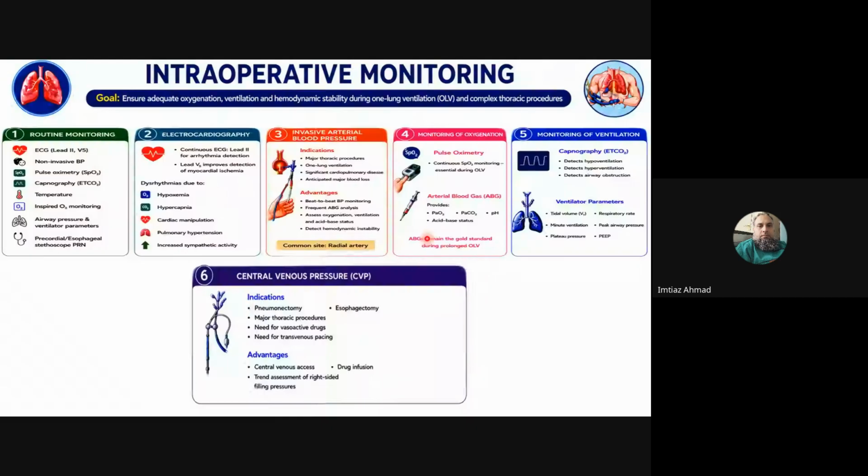Similarly, pulse oximeter and arterial blood gases should be monitored because there are chances of hypoxemia in this case because the right lobectomy is being done. Other monitorings are capnograph monitoring and ventilatory parameters like tidal volume, minute ventilation, plateau pressures, respiratory rate, peak airway pressures, and PEEP.